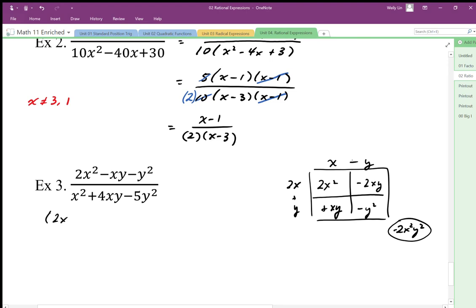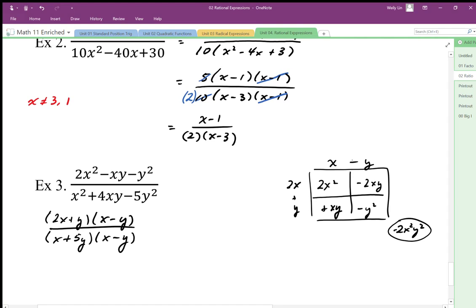So 2x plus y, x minus y. The denominator looks like two numbers that multiply to negative 5 have a difference of 4. It's going to be x plus 5 and x minus 1y. Okay, so I factored it.